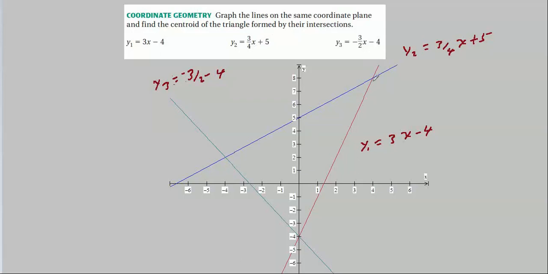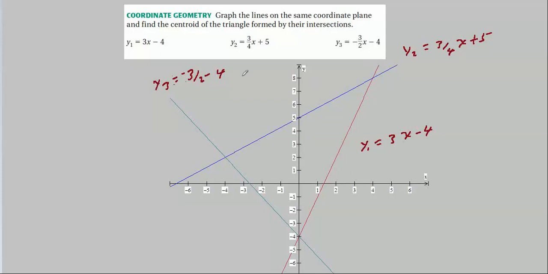So we're going to have to figure out what these points are. Then we're going to have to find the midpoints. Then we're going to have to find the line that connects them. And when we have equations for those lines, we'll set them equal and figure out where they intersect. It'll make a lot more sense if I actually do it.